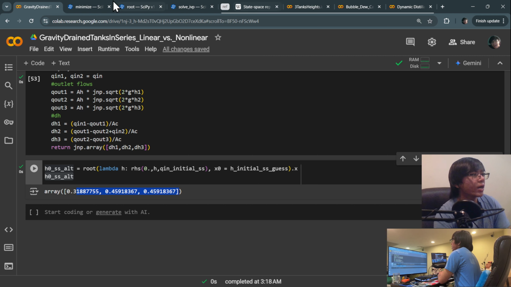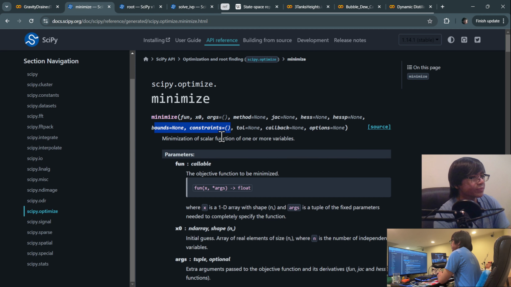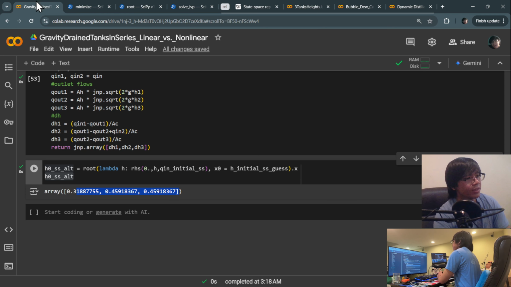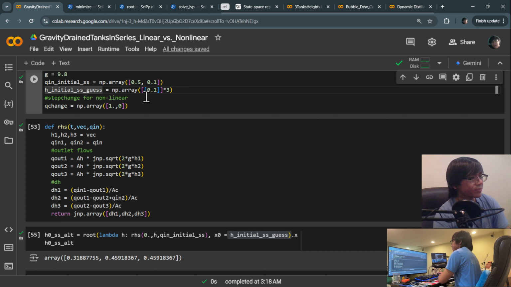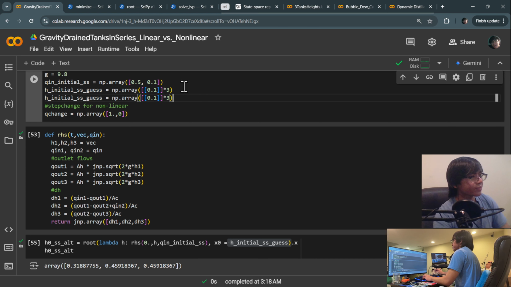So let's try that. There are more parameters, but the ones we're interested in are the function and our guess, so those aren't optional. The guess is the same guess we put in here. And I said I would put in the wrong guess, so maybe it's worth putting a wrong one here. Wrong H and then blah, blah, blah, wrong.